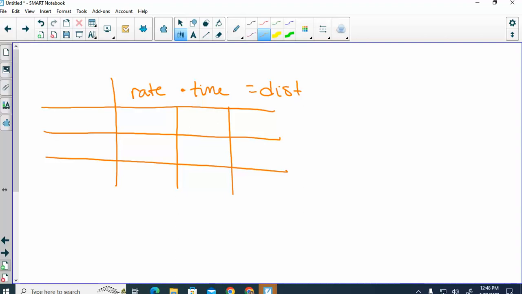Okay, so we have his car and his bike. The only speed that I gave you is in miles per hour. So if my speed is miles per hour, what does time have to be measured in?